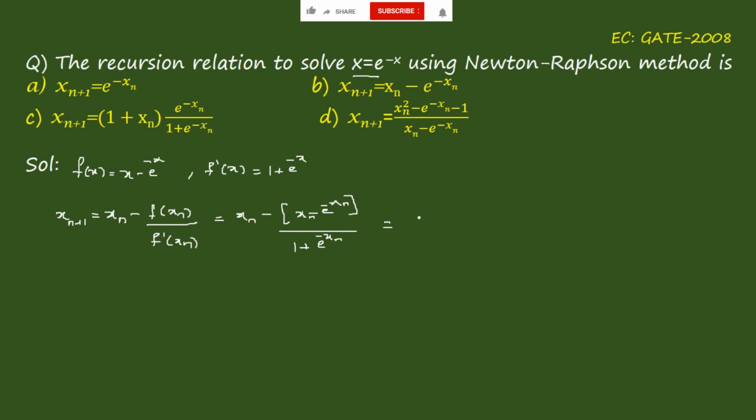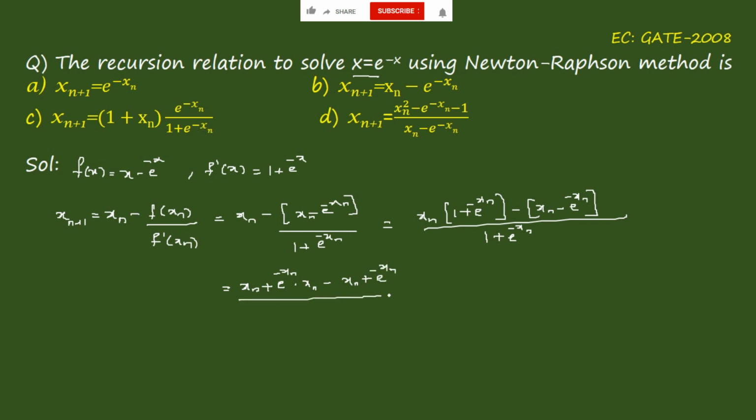Taking the LCM, this is x of n into (1 plus e power minus x of n) minus x of n plus e power minus x of n, divided by 1 plus e power minus x of n. Substituting the values, we get x of n plus e power minus x of n into x of n, minus x of n plus e power minus x of n, by 1 plus e power minus x of n.